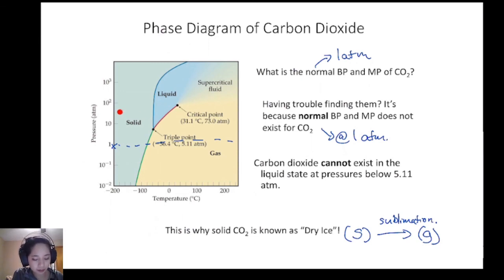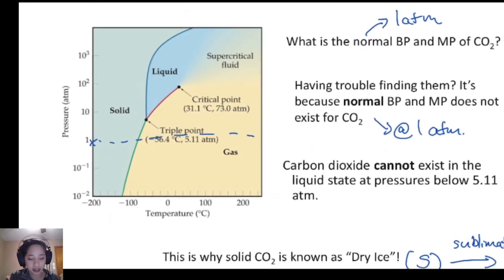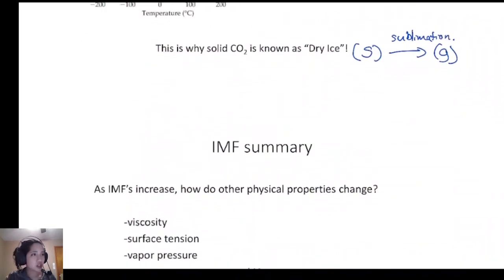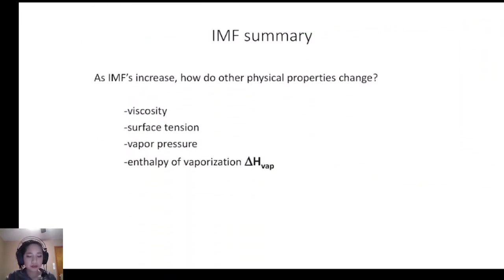And then we can change the temperature and go from solid to liquid to gas. So from this graph, you should see that we cannot have liquid CO2 at 1 atm, or that you cannot have a normal boiling point and normal melting point, because the liquid phase does not exist below 5 atm.